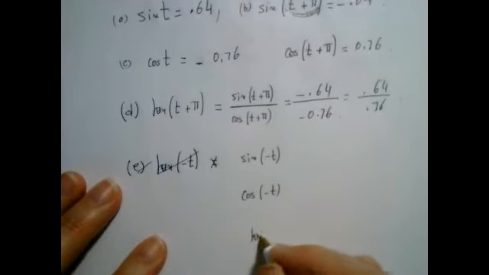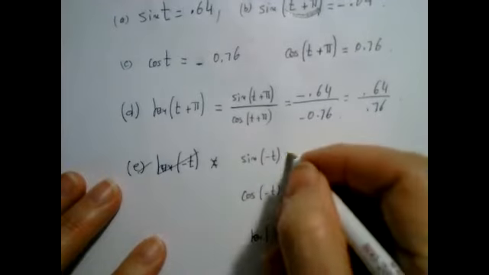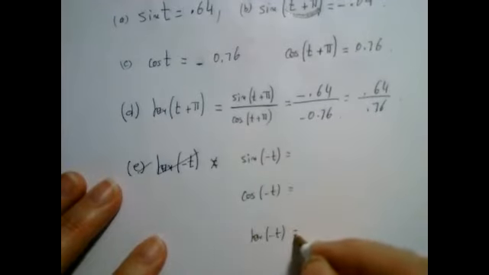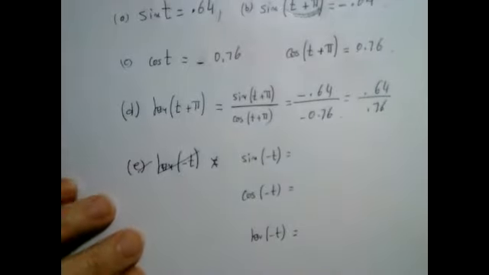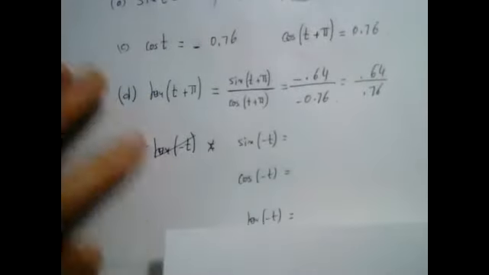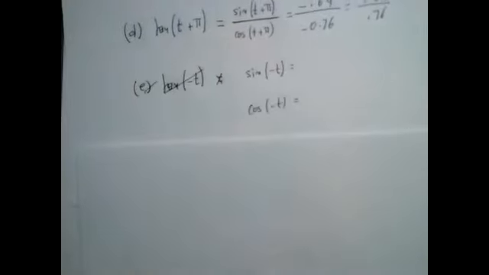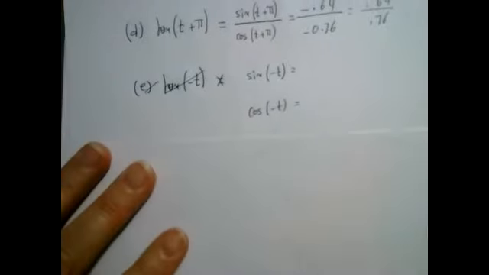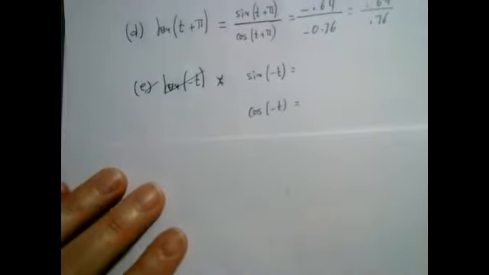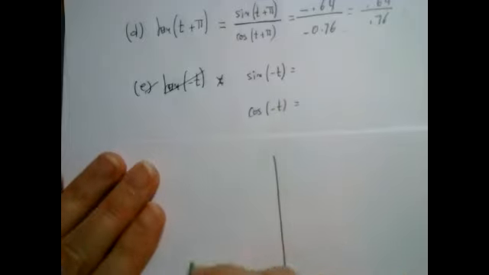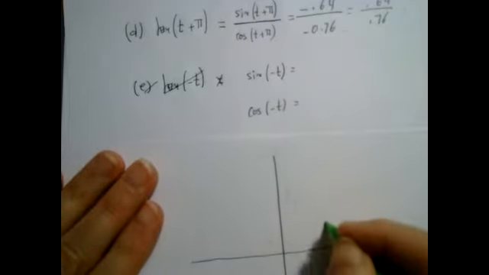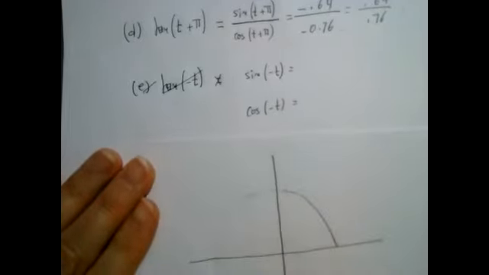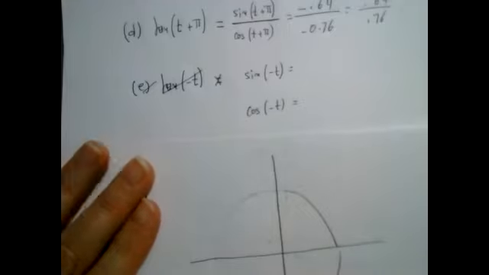And then finally, what's the tangent of minus T? And I'm going to draw the picture again, because I need the picture again, right there. That's what you guys have. That's the problem. That's what you are given.